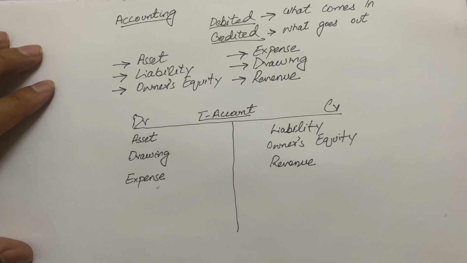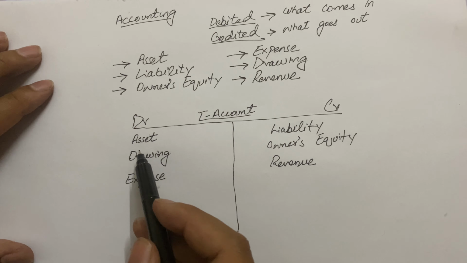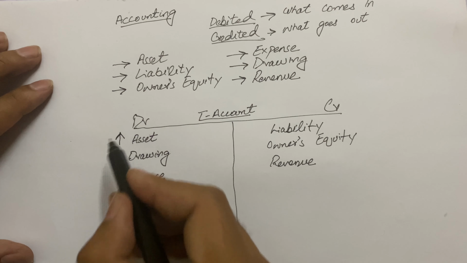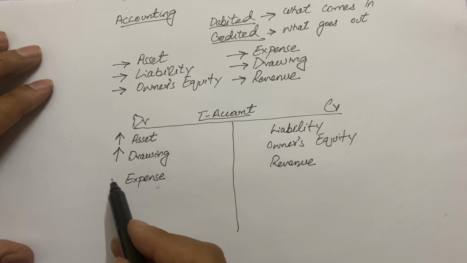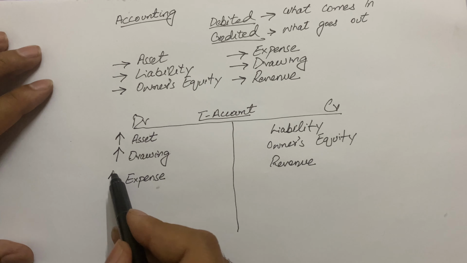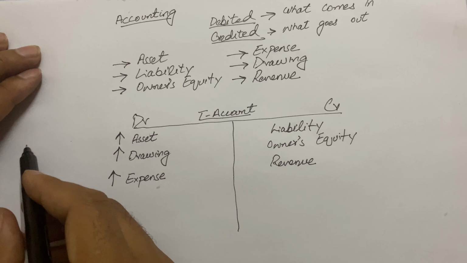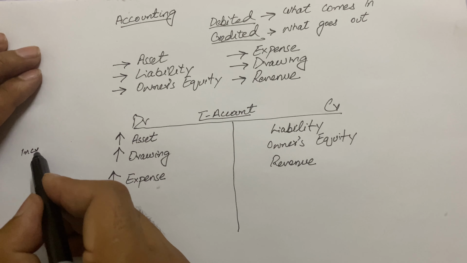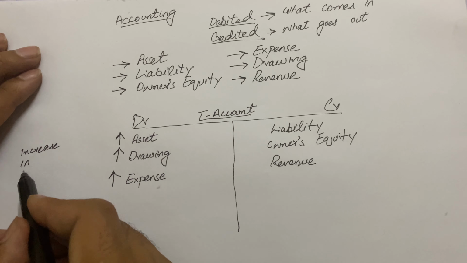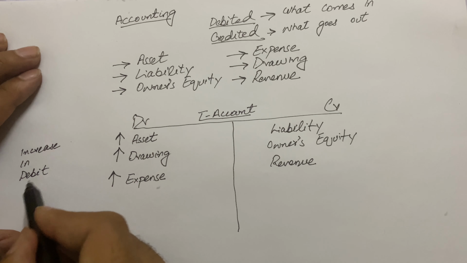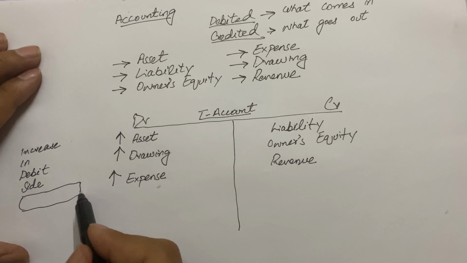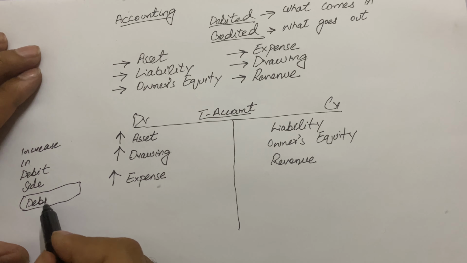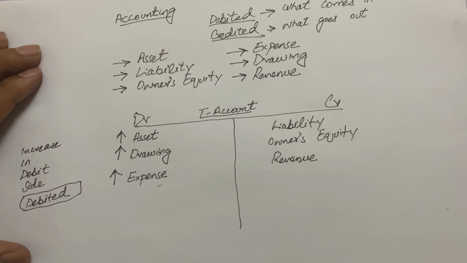Now we will identify which account should be debited and which should be credited. If we talk about the debit side, whenever there is an increase in the asset, in drawing, or in expense, an increase in the debit side always gets debited.